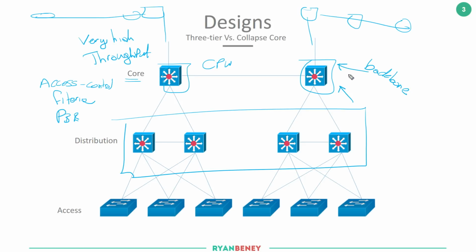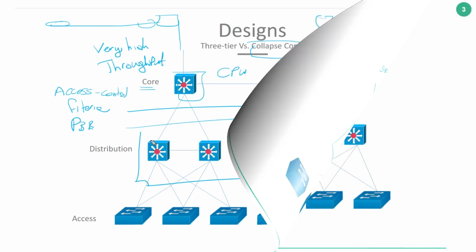And in the collapsed core design, which I'll show you in a moment, the collapsed core design essentially does not have 3 tiers. In fact, normally the core is collapsed with the distribution, hence why it's called a collapsed core, and there's normally access and core, no distribution, and that's referred to as a collapsed core.